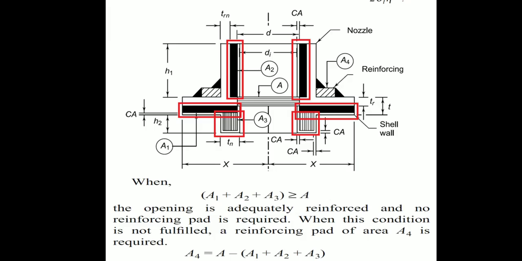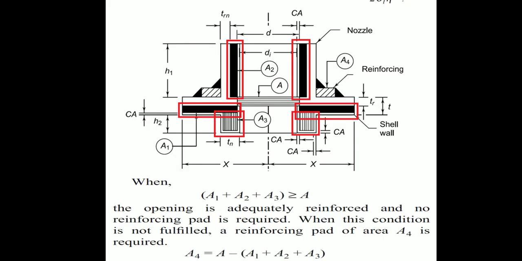To satisfy this condition, that is A equal to A1 plus A2 plus A3 plus A4, where A4 is the area of the reinforcing pad, A4 can be calculated as A4 equal to A minus (A1 plus A2 plus A3).